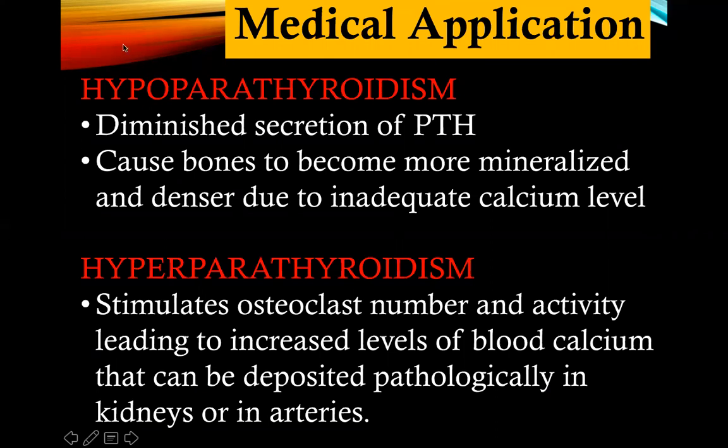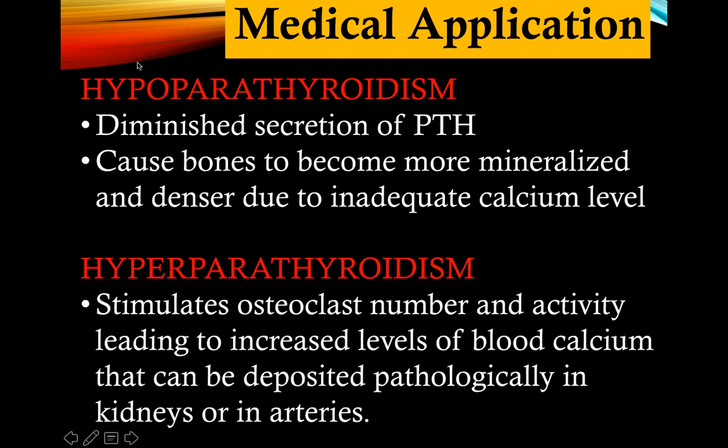So from the word itself, hypoparathyroidism, there is a diminished secretion of your parathyroid hormone. Now, if there is a diminished secretion of this PTH, what will happen to your calcium level? Increase or decrease? Your answer should be decreased because this is directly proportional to the secretion of your parathyroid hormone and calcium.